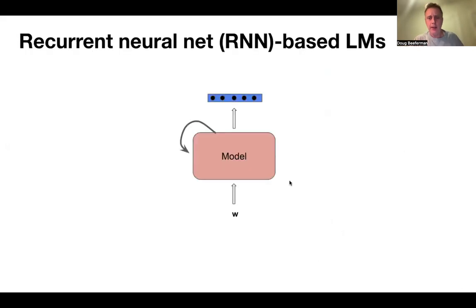But in the 2010s, we revisited a concept in neural nets called recurrent neural nets and applied them to the language modeling task. RNNs had been around since the mid-80s, but in the 2010s we used them for these sequence prediction tasks.